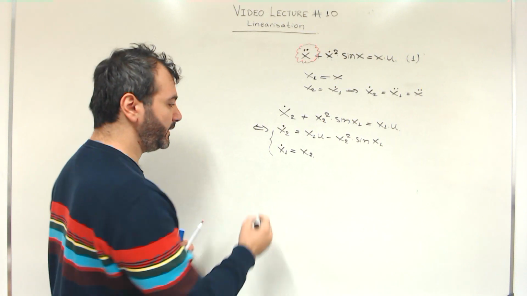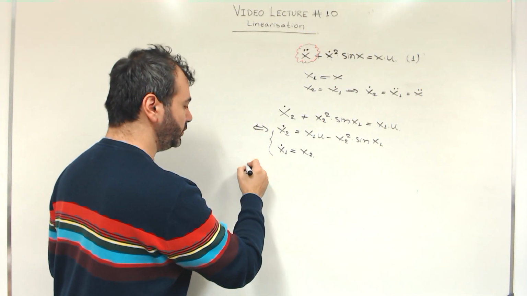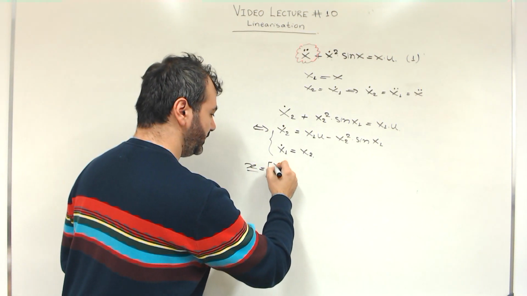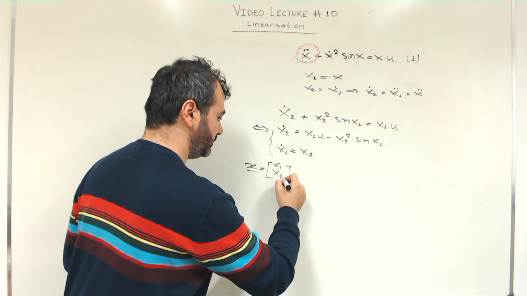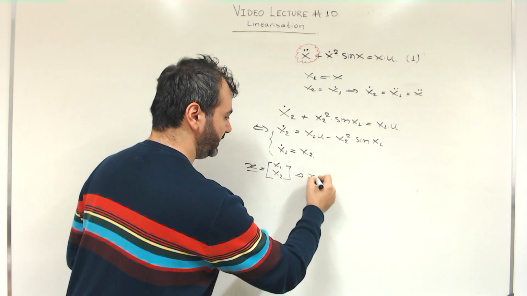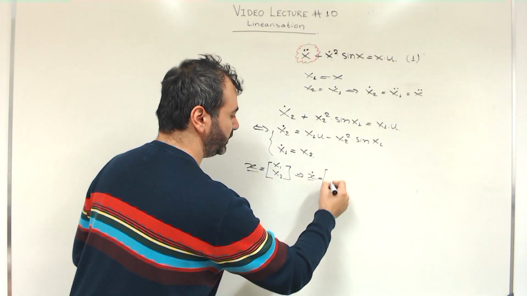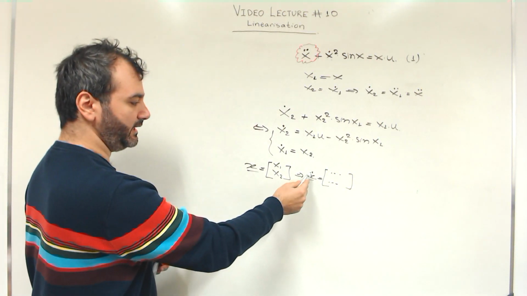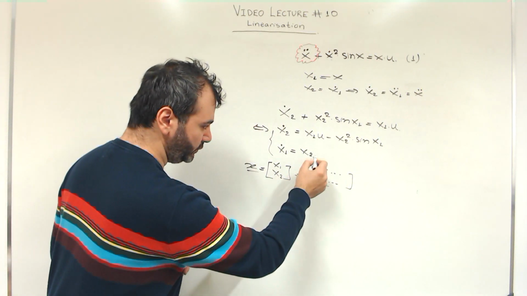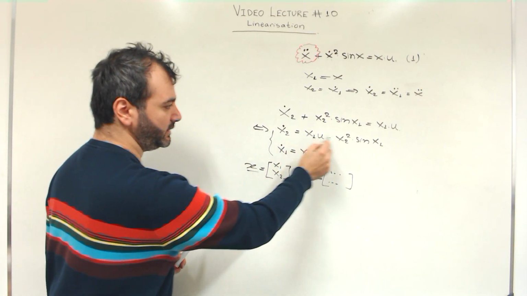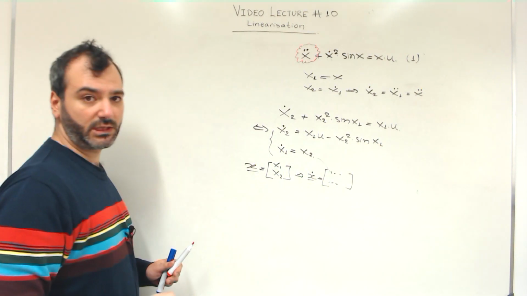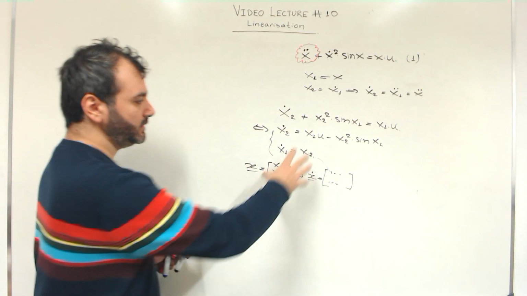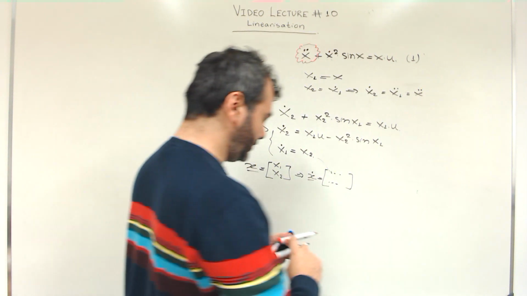Of course, if you very much like, now you can introduce a new state variable, let's say x underlined, which is x1, x2. And then you can say that x underlined dot is equal to this and that. So x underlined dot will be x2, this goes here, and this expression goes here. You can watch video lecture number 1, I think it was. So this is the state space representation.